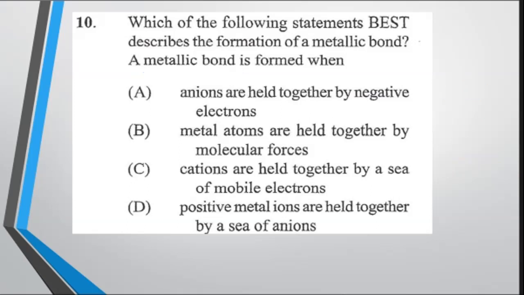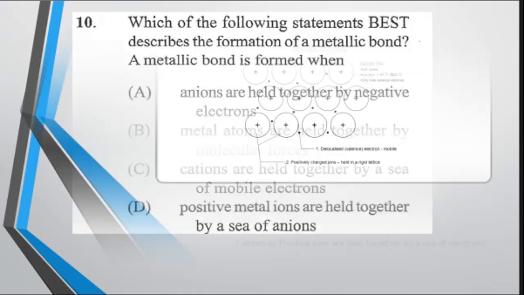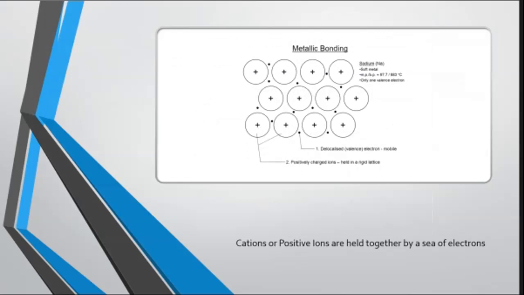With that in mind, I was speaking to you just now about the metallic bonding, and I was saying that the positive ions are surrounded by a sea of delocalized electrons. The dots in the middle represent the delocalized electrons. Delocalized means it's not in a fixed position, so it is able to move around, it's mobile. So those delocalized electrons are able to move about.